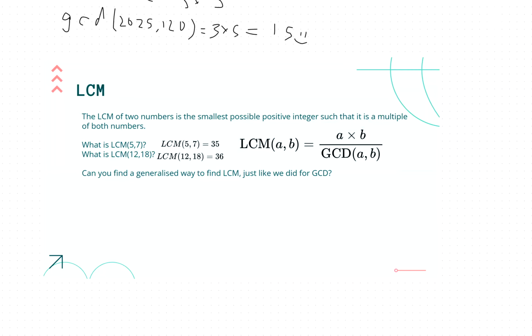So if GCD uses the lowest power of the common primes, and LCM uses the highest, right?